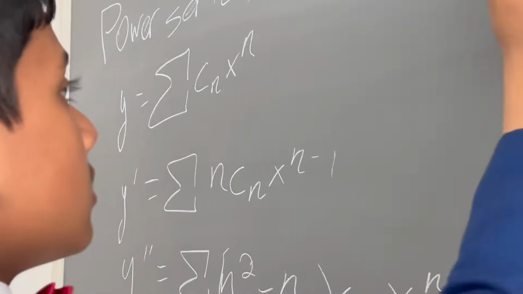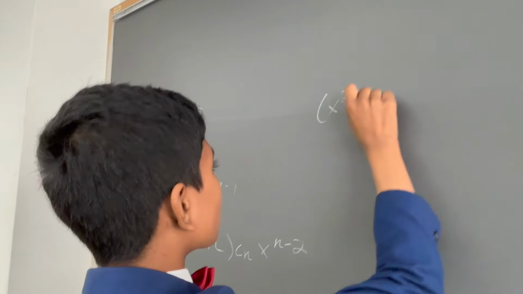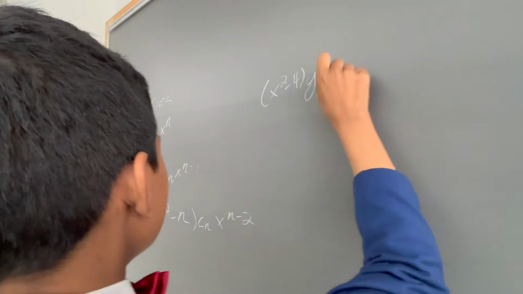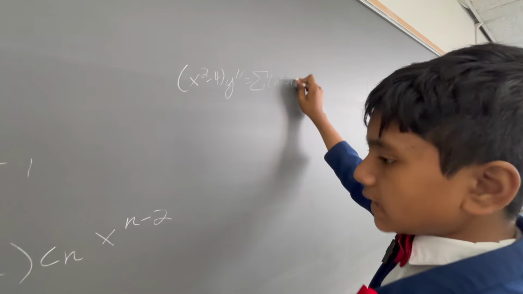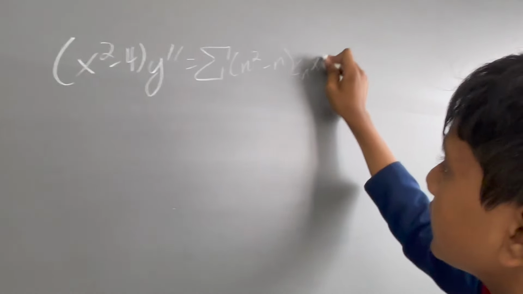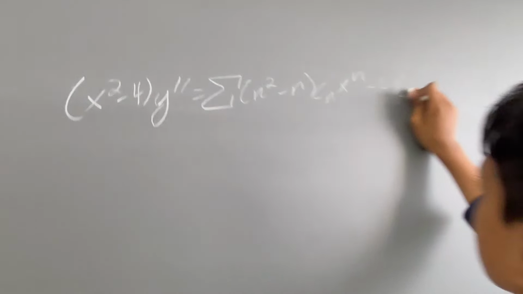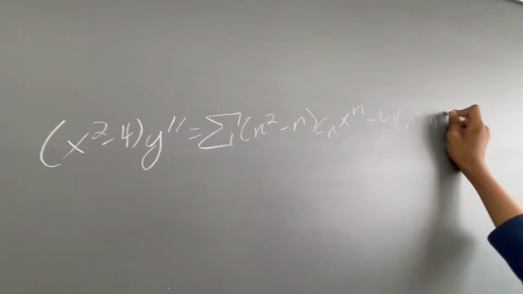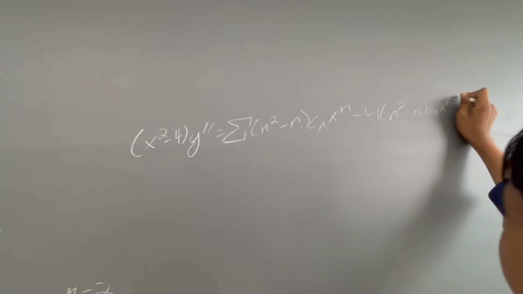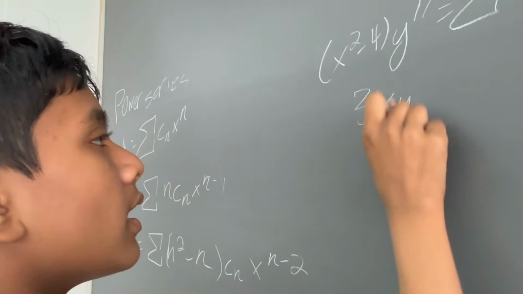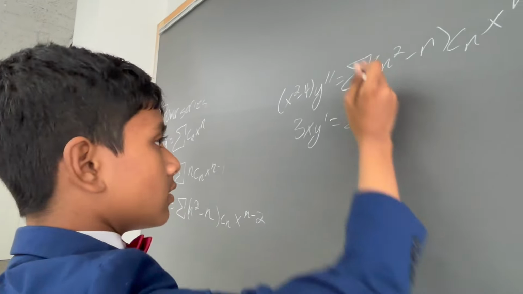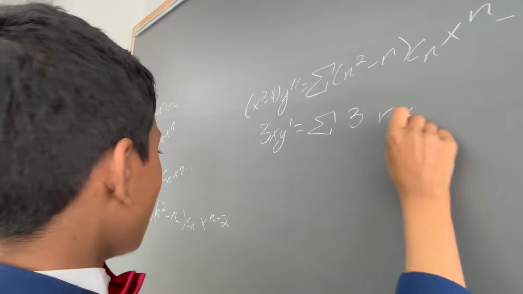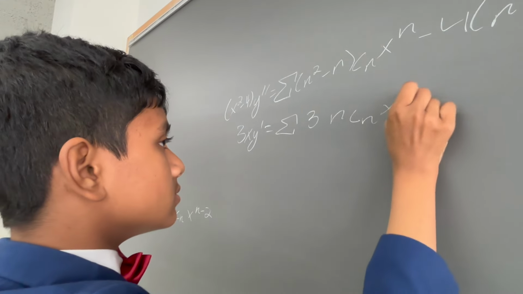So we get x squared minus 4 times y double prime is equal to the sum of n squared minus n, c_n x^n, minus 4 times n squared minus n, c_n x^(n-2). Meanwhile, we get 3x y prime is equal to the sum of 3n c_n x^n.